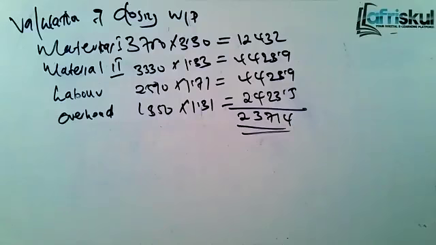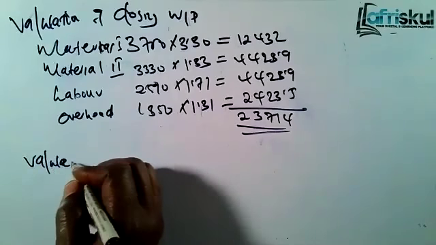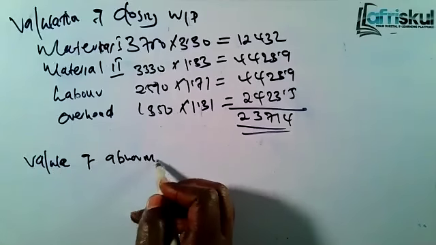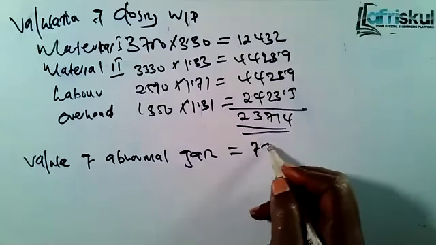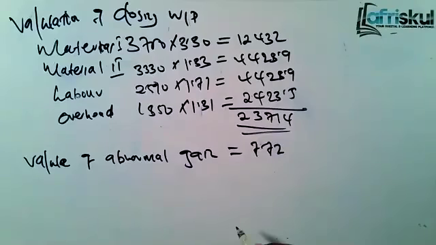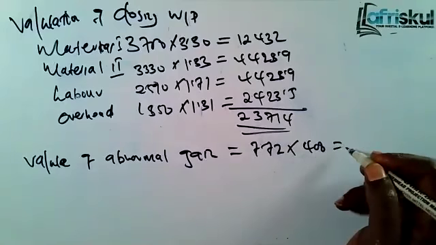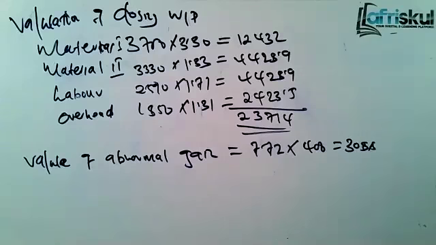That is the value of closing WIP. And then you get the value of abnormal gain. Abnormal gain is 7.72, the total cost, times 400. You get 3,088.